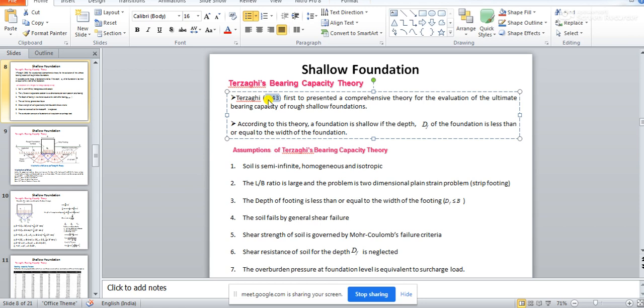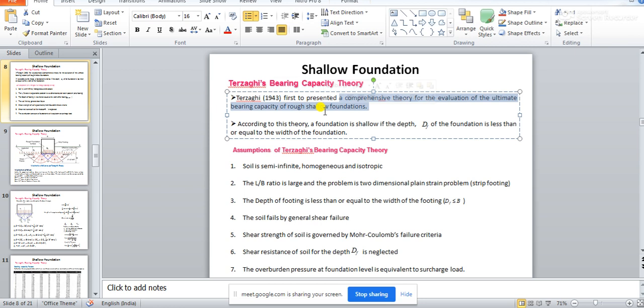He is the father of soil mechanics, you can say, because without Terzaghi's bearing capacity theory, you cannot calculate bearing capacity as such. Basically, he gave the concept of bearing capacity first and how to calculate it. So, the comprehensive theory for the evaluation of the ultimate bearing capacity.